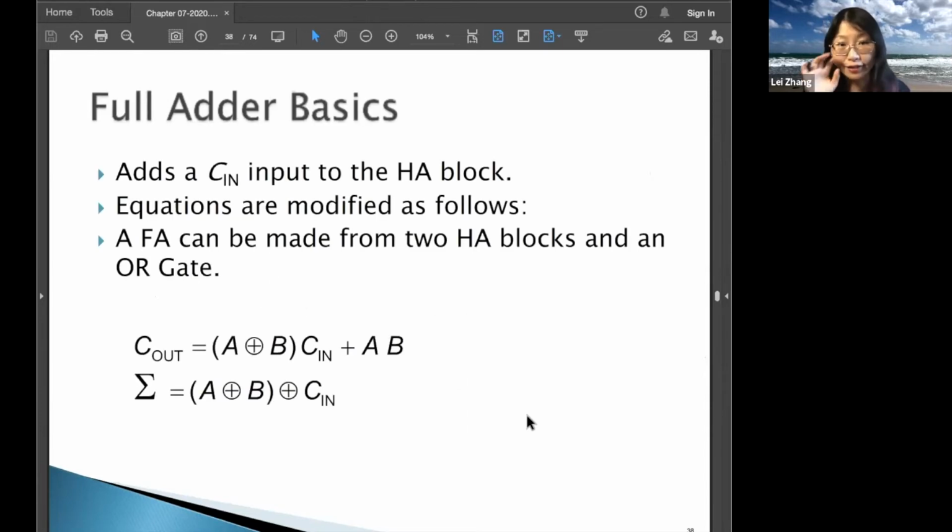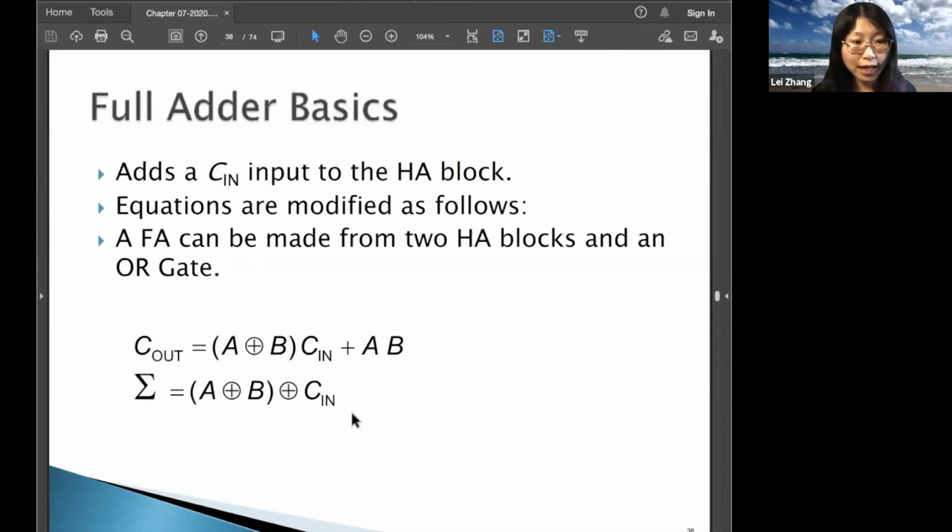For a full adder, the additional bit here is the carry in bit. So we still have carry out, we still have A and B, we still have the sum, and we have an additional carry in, C in.